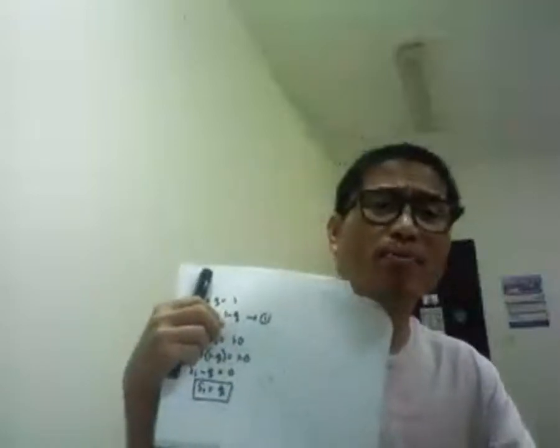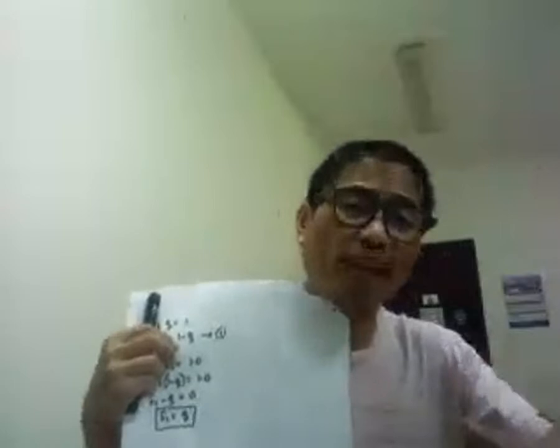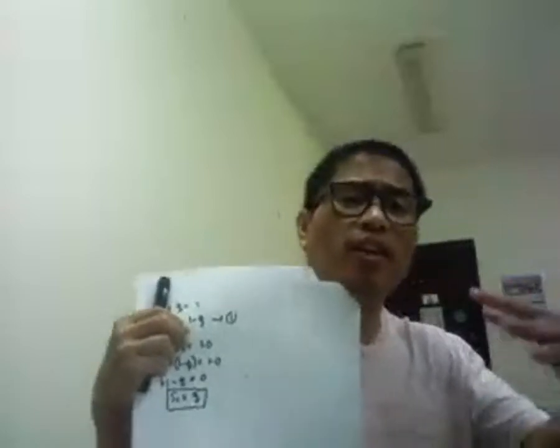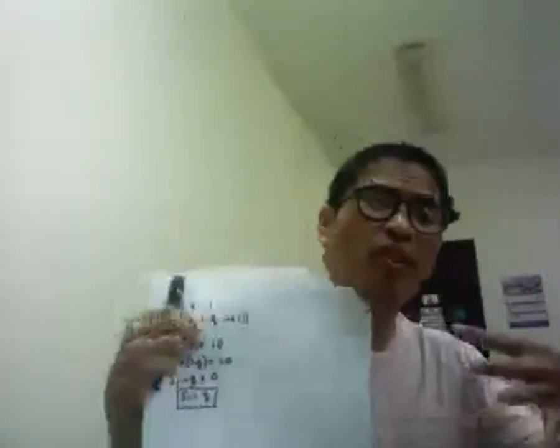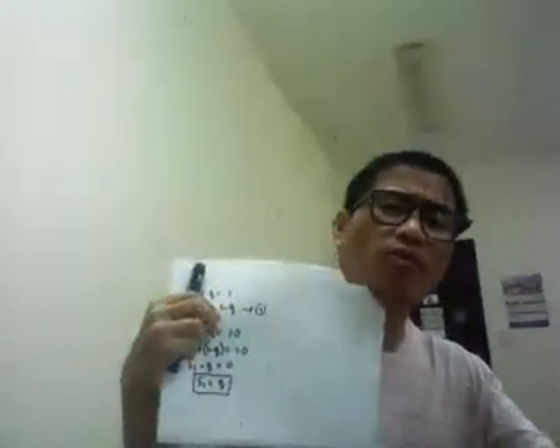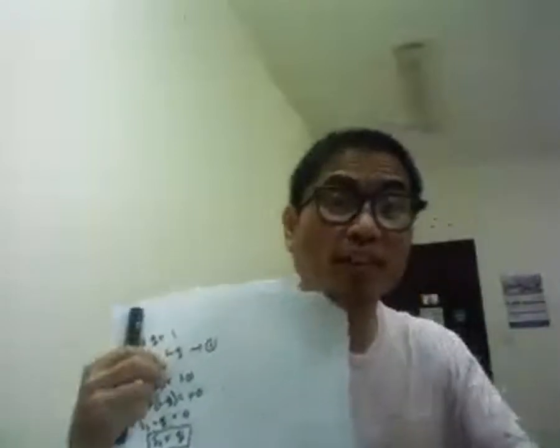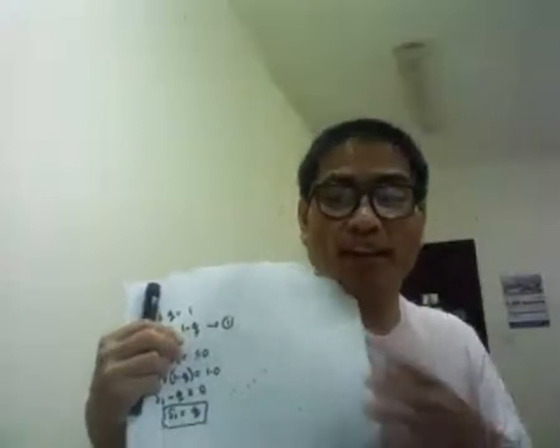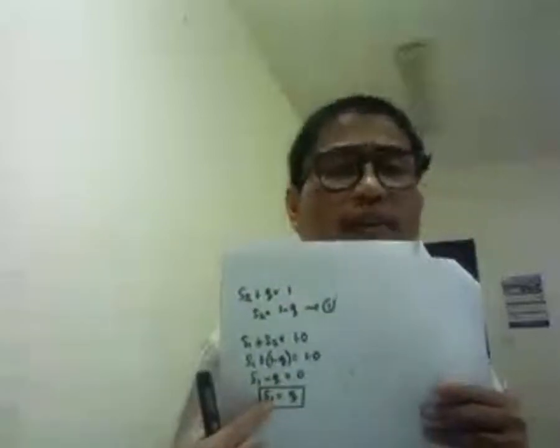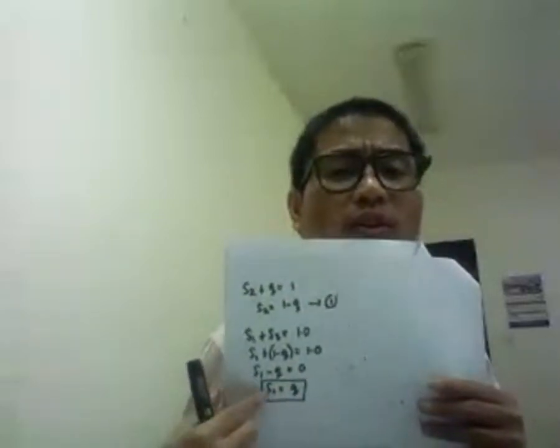It's always a whole number, point something. Then you multiply that by 100%, and it becomes, for example, 10%, 20%, 30%, up to 100%. It will not go beyond 100%, and there's no negative. So this first option is wrong. This is correct: S1 is equal to Q. So we now have S1 equal to Q and S2 equal to 1 minus Q. We will use these quantities to solve.